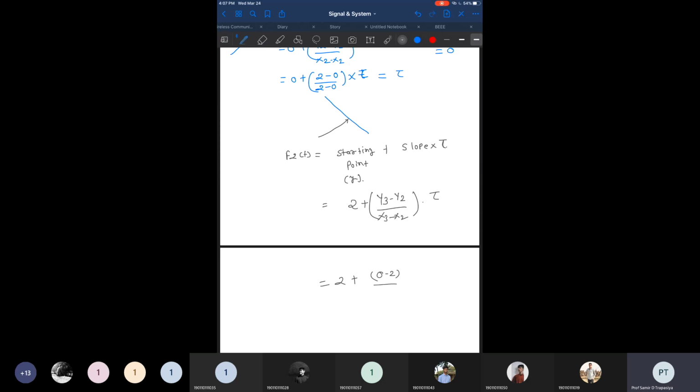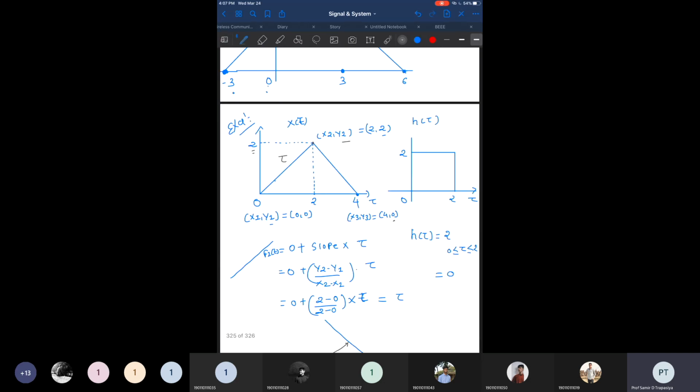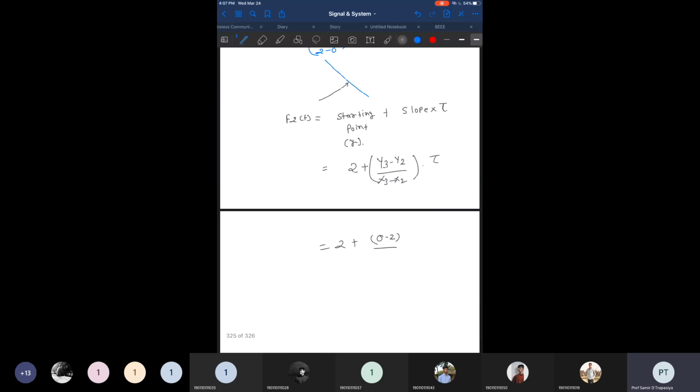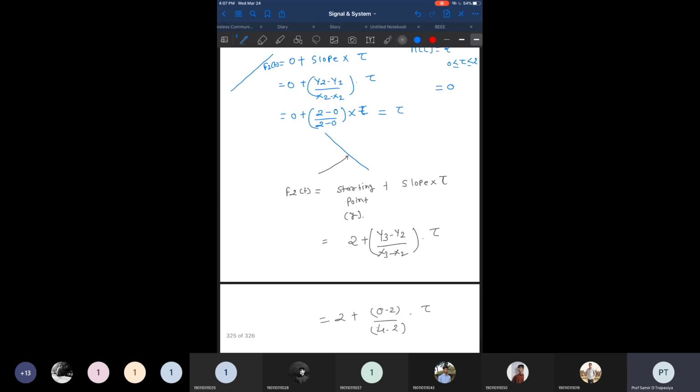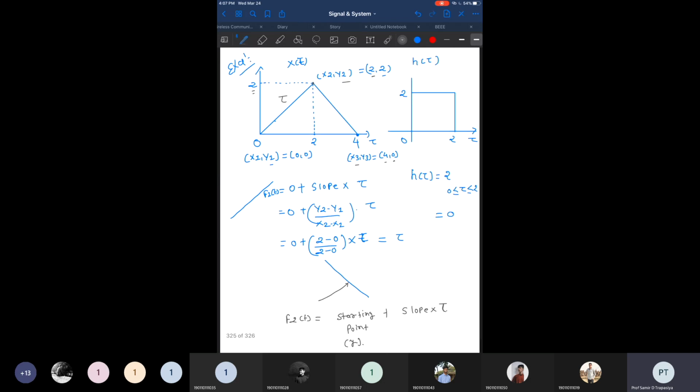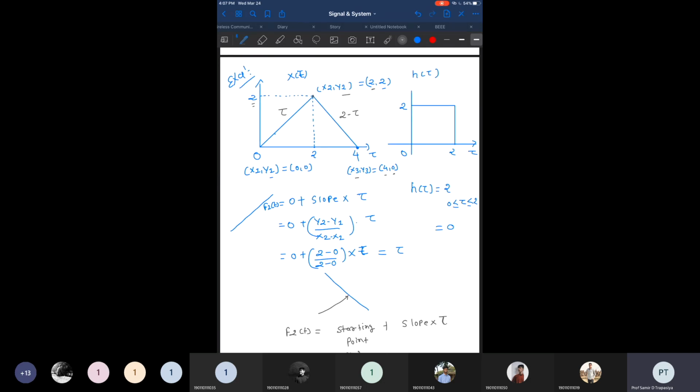And x2 is 2 and x3 is 4, so that is 4 minus 2. Multiply with tau. So minus 2 divided by 2 times tau, the 2s cancel out, leaving only tau. So the function is 2 minus tau.